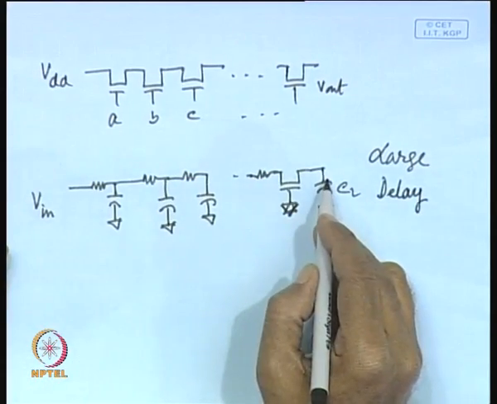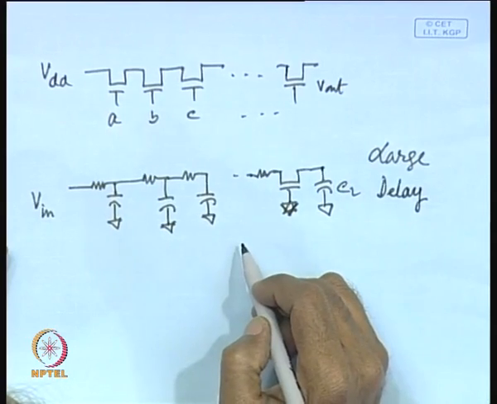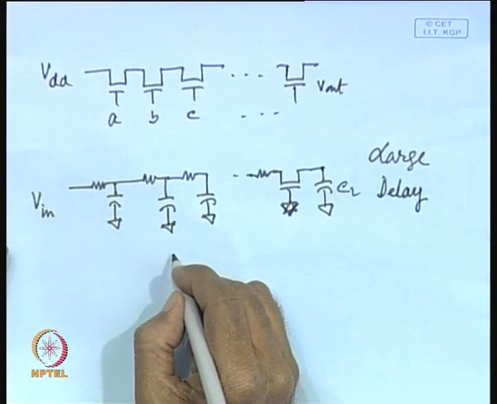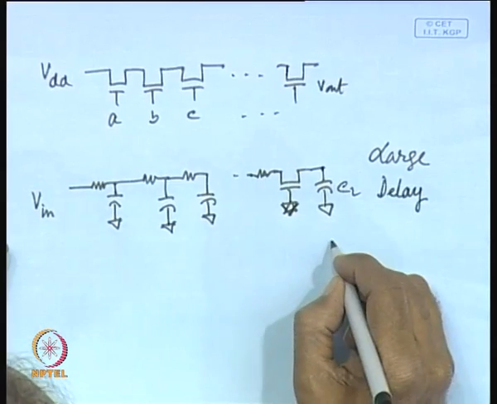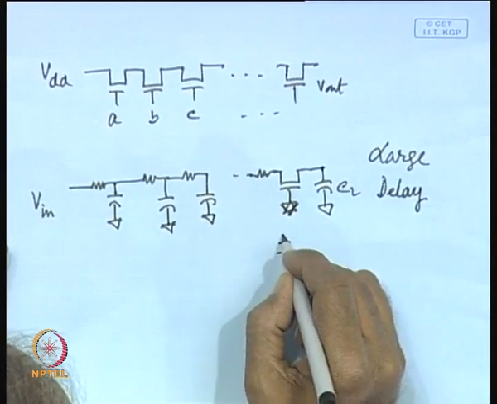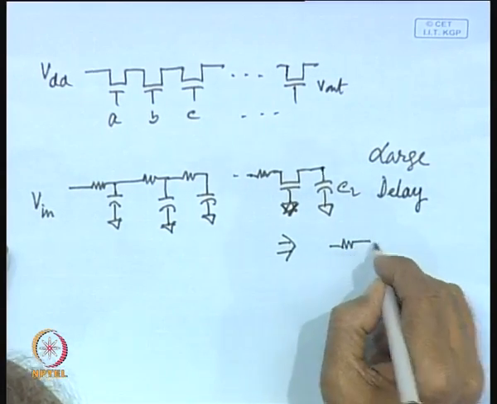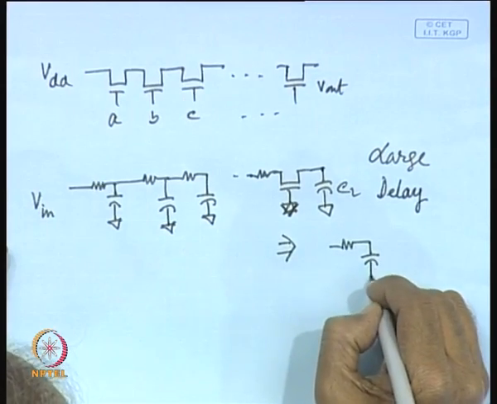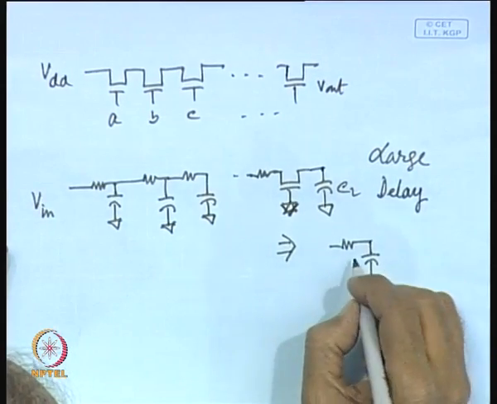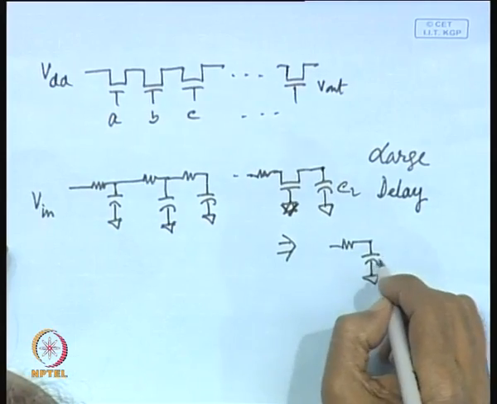Whenever the signal is passing through a large number of transistors, this can be modeled as a single equivalent, as if you have got one resistance and one capacitance.